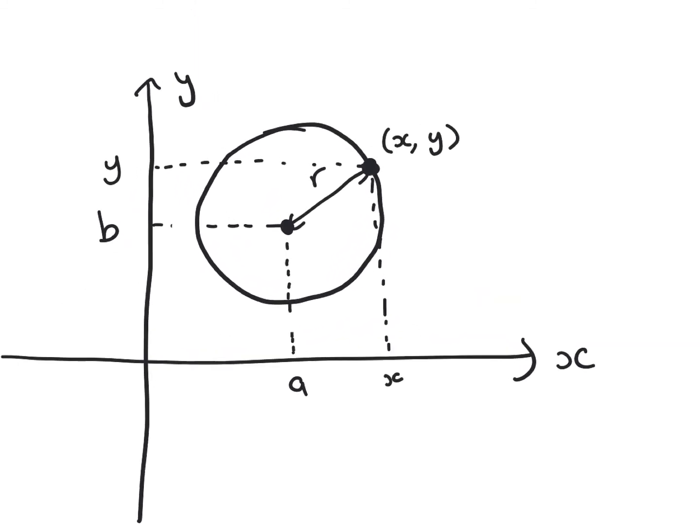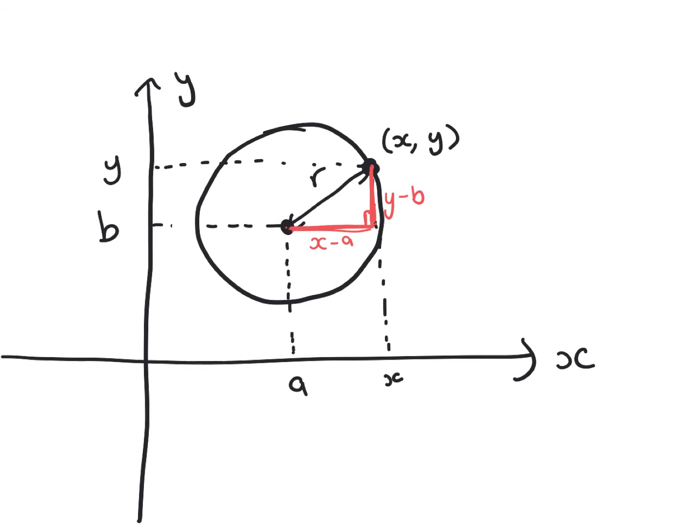If I now draw in a little right-angled triangle in here, and look along the bottom, if the whole way across to here is x, but across to here is a, that distance would be x minus a. For this length, if this is the coordinate y, but we're only going down to b, that would be y minus b.